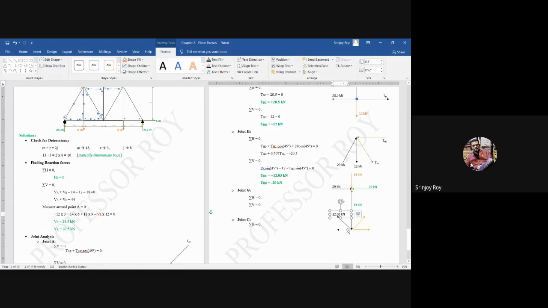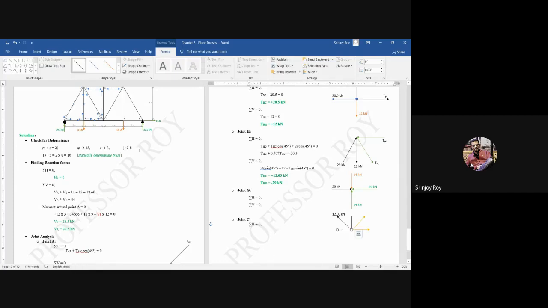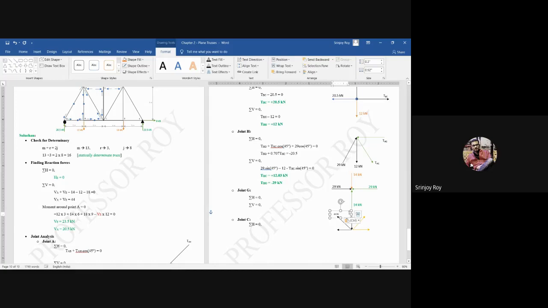Which one will this be? I believe it's CB, isn't it? Where is CB? CB, here it is. It's plus 20.5. 8.5.